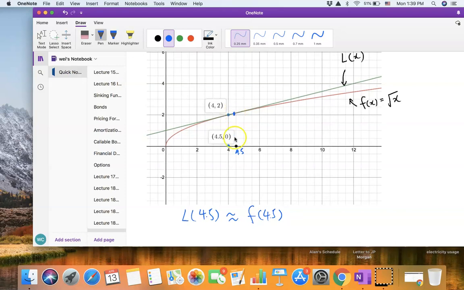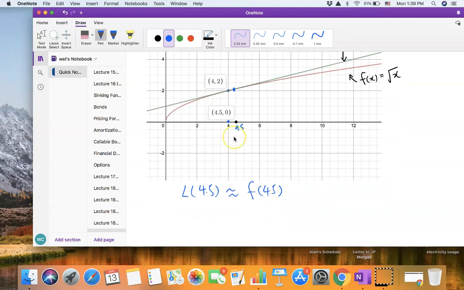Because from this graph, we can see these two points almost overlap, right?